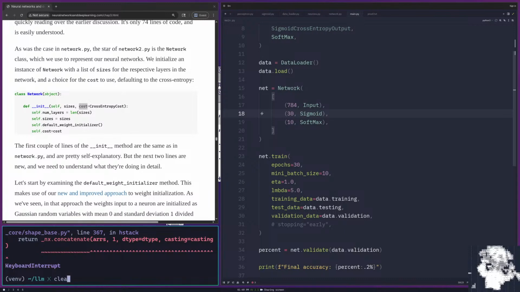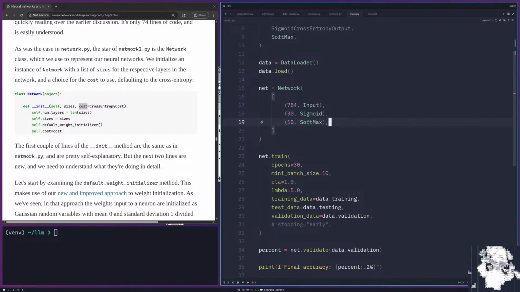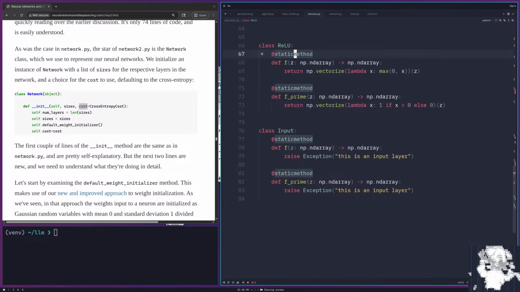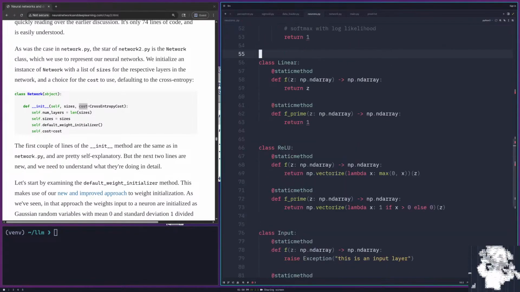Okay, not necessarily better results, but I do like softmax better. Yeah, it's really confusing why ReLU doesn't work.